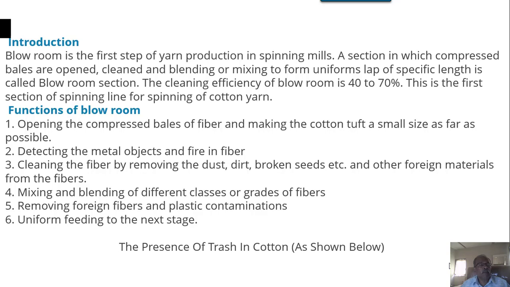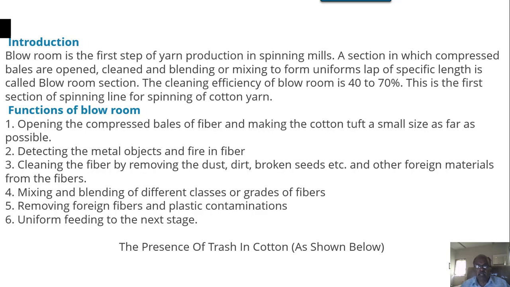So functions, objectives, how that is performed in the blow room line, that's what I have mentioned here. Opening the compressed bales of cotton fiber. Usually we know 170 kg is the bale weight.